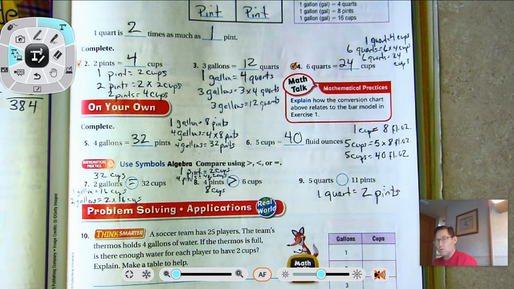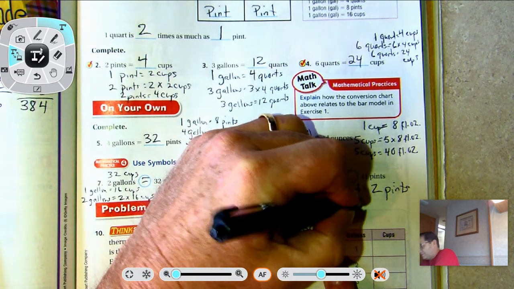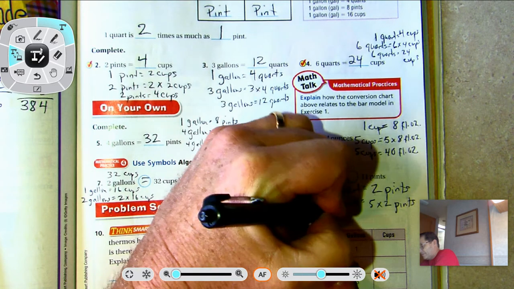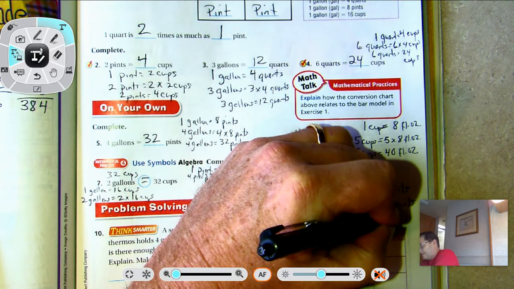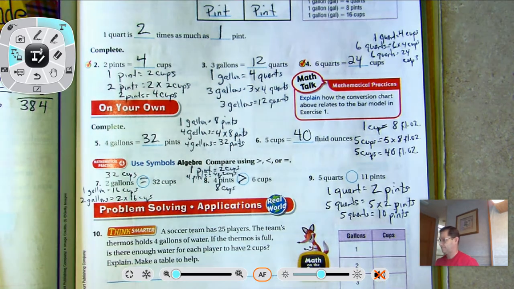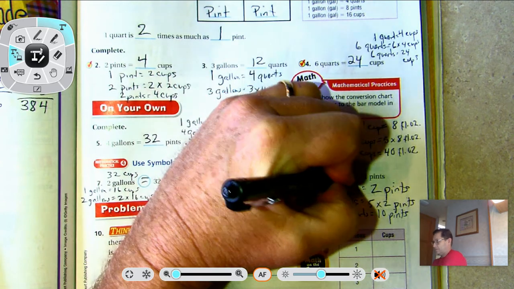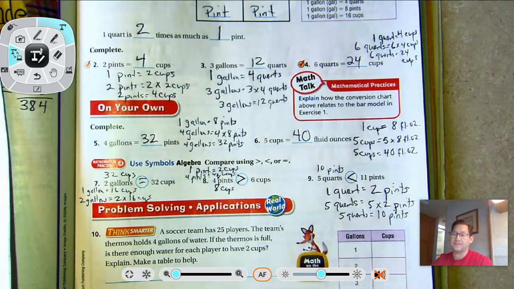So 1 quart equals 2 pints. So if I have 5 quarts, that would be 5 times 2 pints. 5 quarts is 10 pints. So 5 quarts is less than 11 pints.